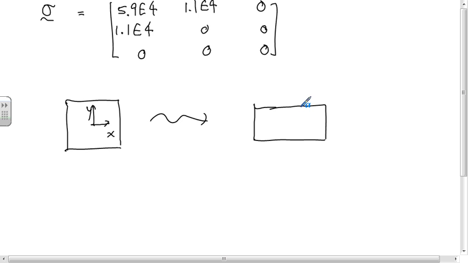And then what's going to happen with the shear? We're going to have a positive XY strain. So what's going to happen to the angle between the positive X and positive Y faces? Is it going to get more acute or more obtuse?